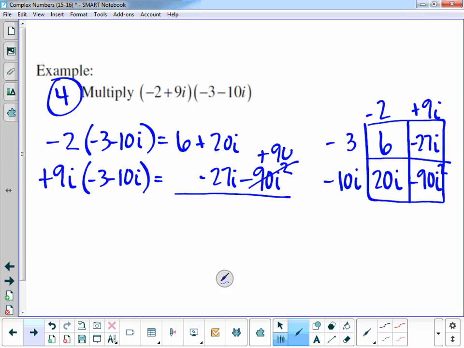Plus 90, right? This is negative 90 times negative 1, so this will be plus 90. Then we can add those numbers together, so 6 plus 90 is 96, 20i minus 27i is negative 7i. So 96 minus 7i is our final answer.